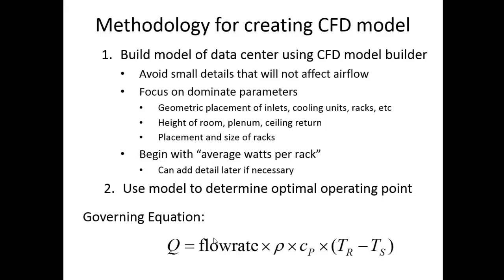The governing equation that we use for all of this is a convective heat flow equation. We are only looking at convective heat flow in these models. The heat transfer is equal to the mass flow rate, times the density of air, times the specific heat of air, times the change in temperature, return minus supply. It's the same exact equation for the cooling unit as for the rack, of course.